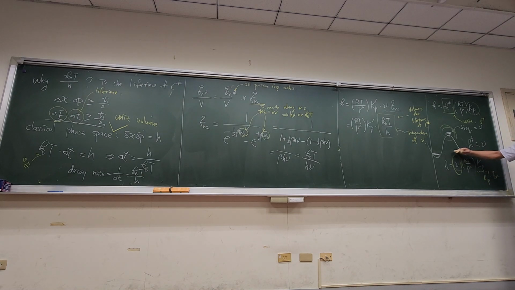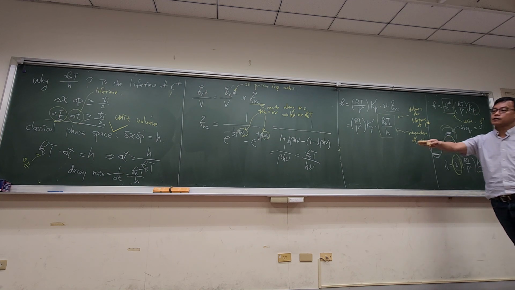So the idea here is, the state here is not stable, and how unstable it is depends on temperature. Actually, temperature defines the energy fluctuation of this state. And energy fluctuation and the lifetime can be connected by the uncertainty principle. So from this, we can calculate the lifetime.